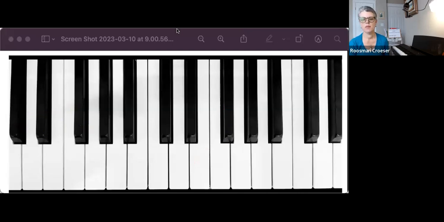Well, scales have a pattern. I'm going to use the C major scale first, just to show you what the pattern is. As most of you probably know, the C major scale has no sharps or flats. There is our C major scale. Now, another thing that's important to know is about the degrees of the scale.